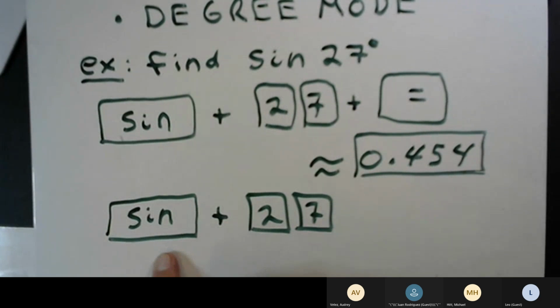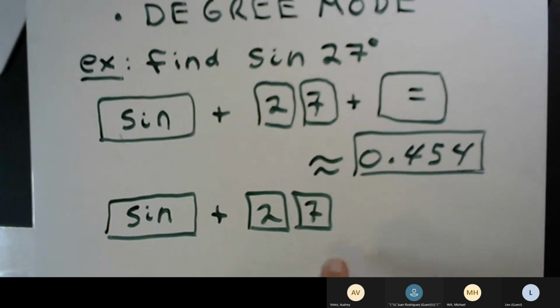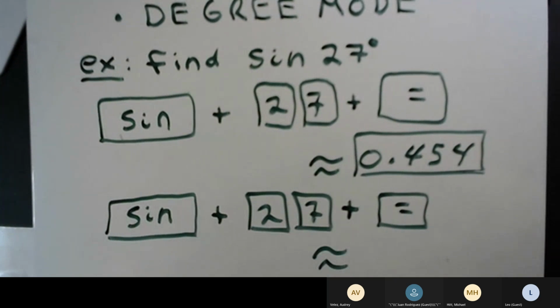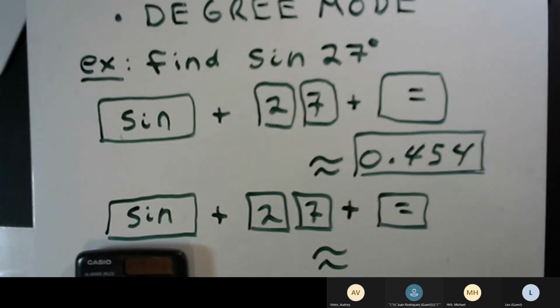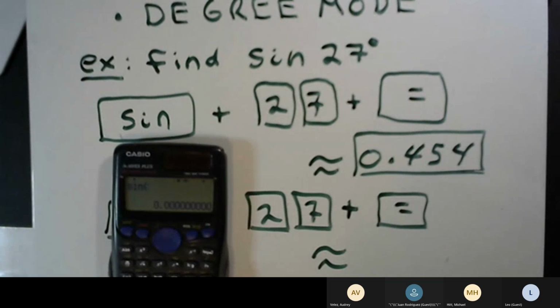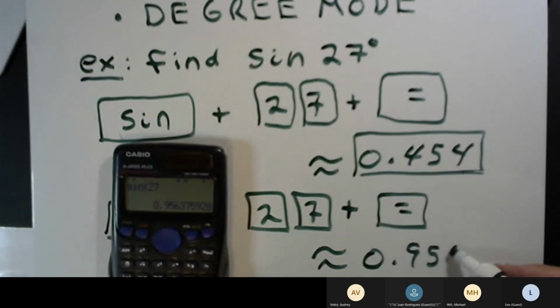This is just the sine button, then you press the 2 and the 7, and then you press the equals. Let's see what that looks like. Sine 27 equals, oh, I get a different answer.